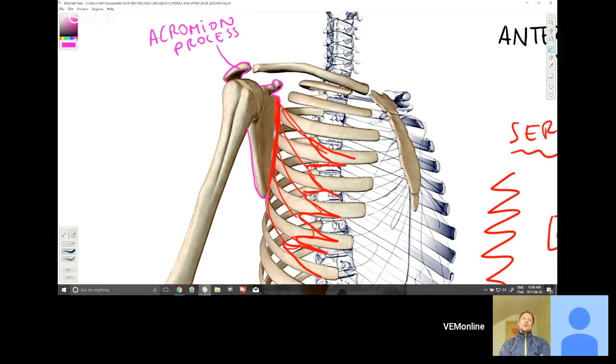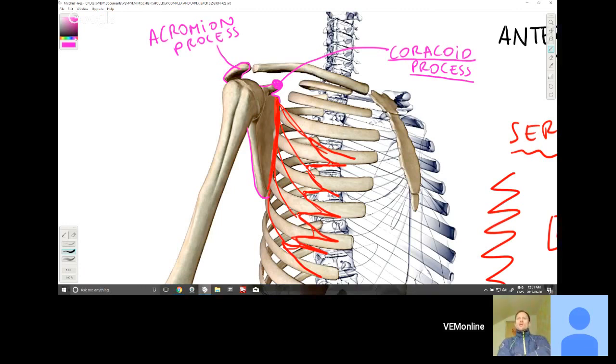And this structure right here, quite a few muscles will attach to that. This one right there. That's coracoid process. So this is a new structure. Probably you didn't know about this one yet. You should memorize this one. That's quite a significant, important landmark.